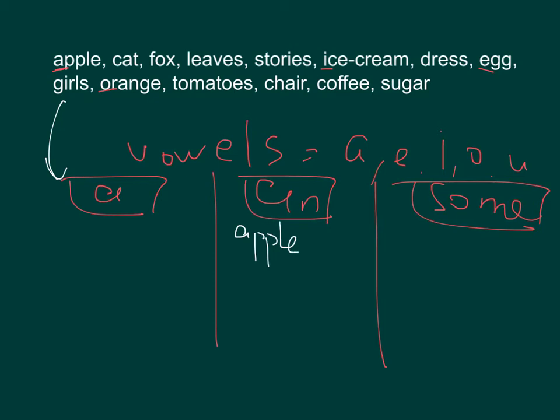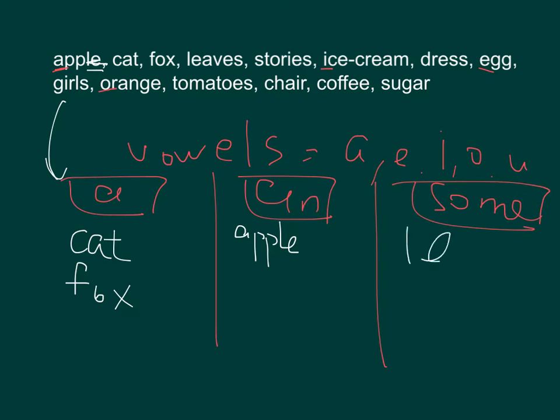And some apples, but because it is a singular noun, we use an. Number 2, cat. We use a cat. And number 3, fox. We use a fox. And number 4, leaves.